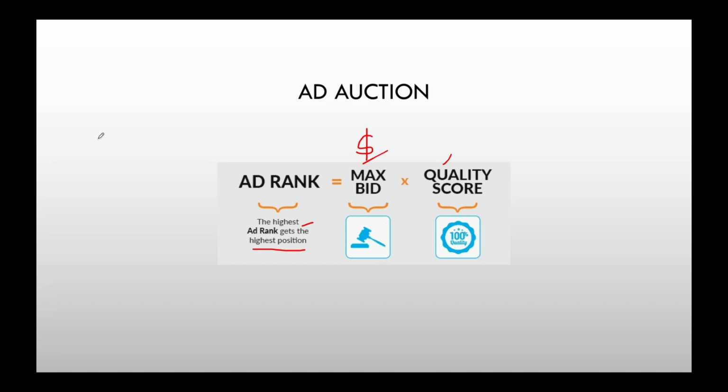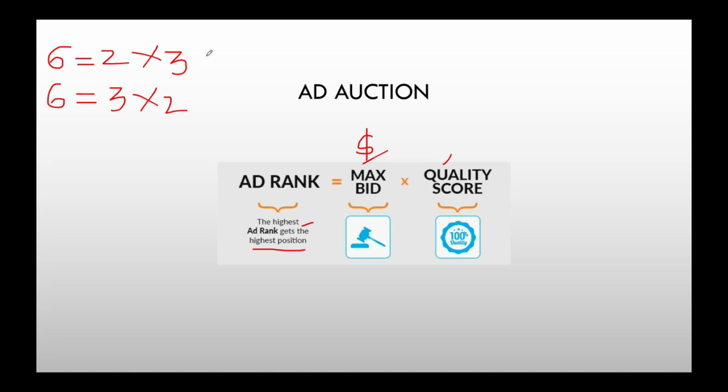As you can see in this equation, ad rank is equal to bid multiplied by quality score of the keyword. As an example, consider a very random number, like 6. If you want to achieve an ad rank of 6, which scenario will you prefer as an advertiser? Having your bid as 3 and quality score as 2, or having your bid as 2 and quality score as 3?